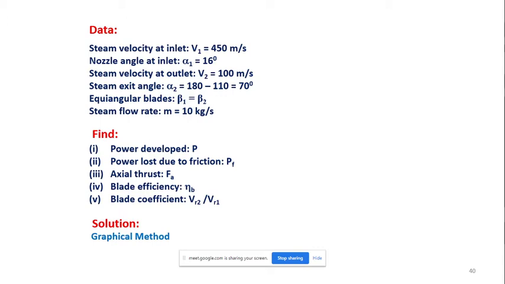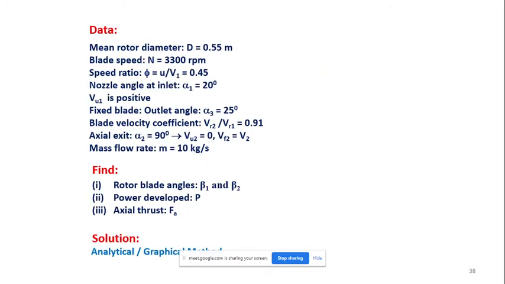First they had given the diameter, 0.55 meter. So first calculate U. U is given by pi D N by 60.